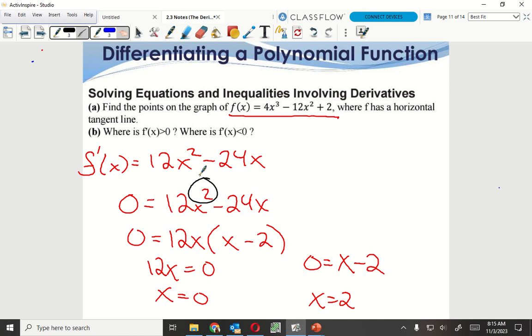If it's an x squared, it is a parabola. If it's positive, it opens upwards. If it's negative, it opens downwards. And my function right here is x cubed. What shape is x cubed? Kind of an S shape, right?